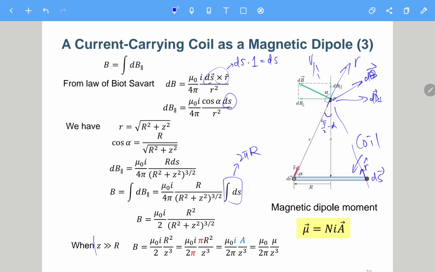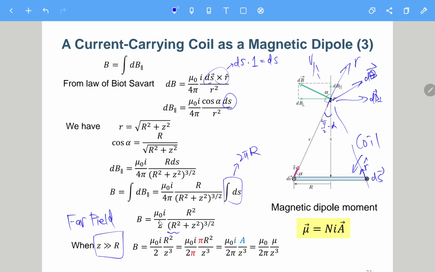Similarly, we also apply the far field condition, which means that z is much larger than R. In this case, this R can be ignored because z is much larger than R. So in this term, R squared can be ignored, and z squared to the 3 over 2 power becomes z cubed.